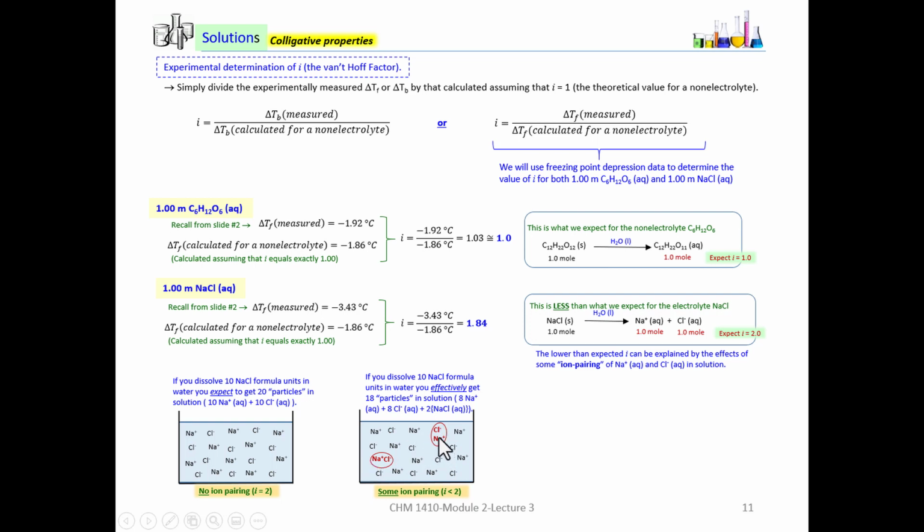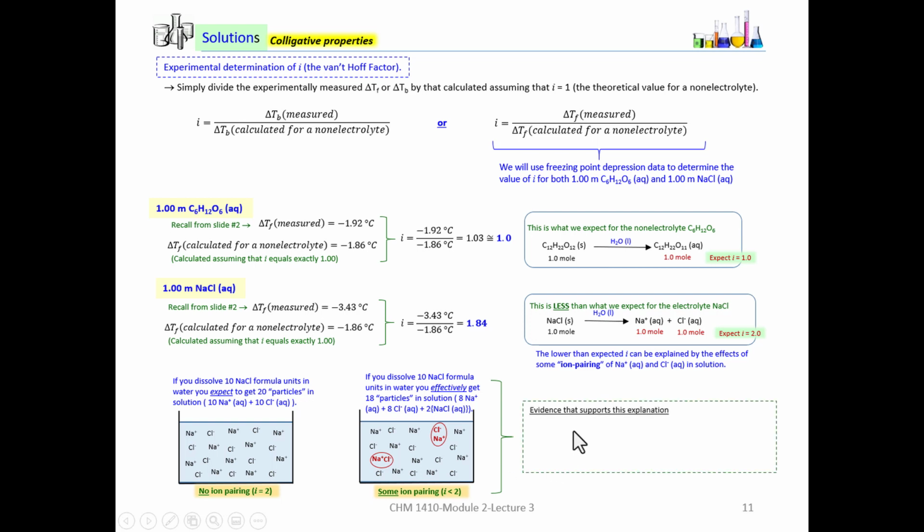Now they're not pairing up to the extent where they come out as a solid, but they're hanging around each other in close enough proximity because they're attracted to each other that they effectively act as one particle. And so some of this ion pairing that occurs has lowered the effective number of particles in solution. And so with some ion pairing now, the Van't Hoff factor would be less than 2.